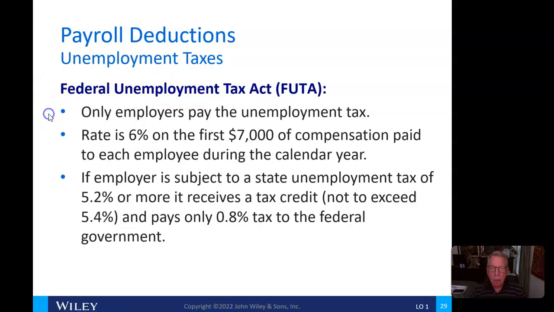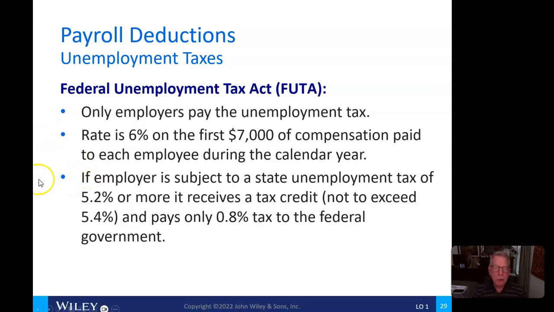Only the employers pay that. And the rate varies a little bit. They're going to use 6% here of the first $7,000 of compensation paid to each employee. As soon as you reach that $7,000, you don't pay anything more as an employer.